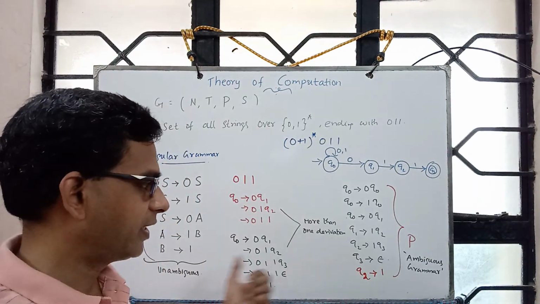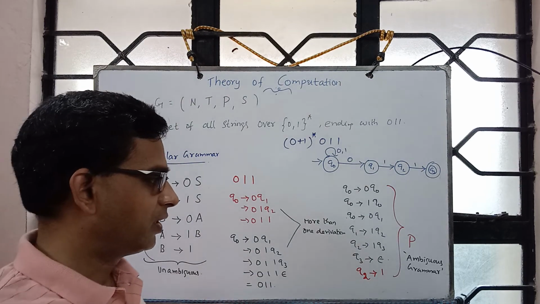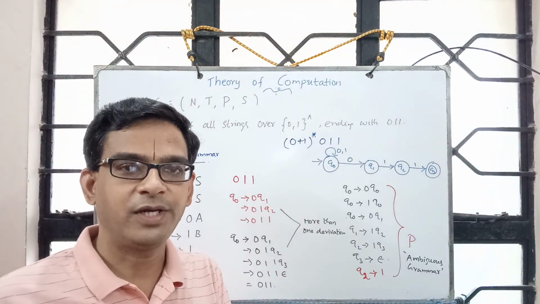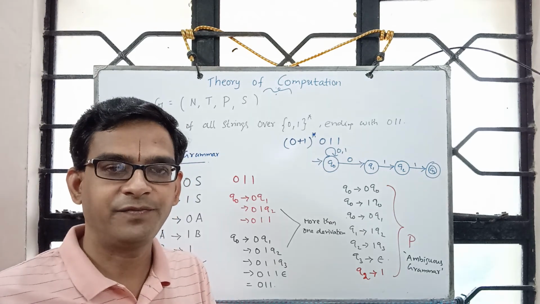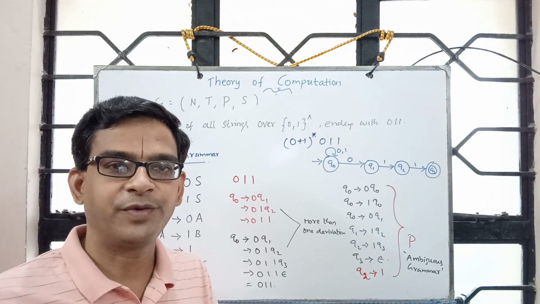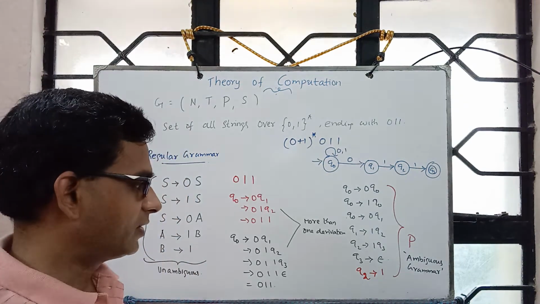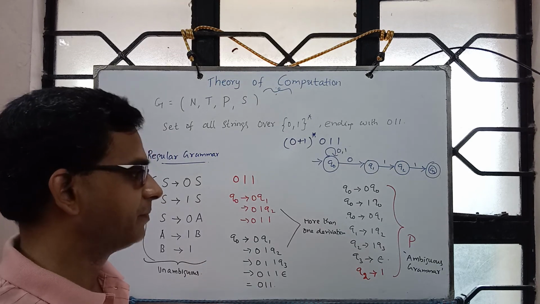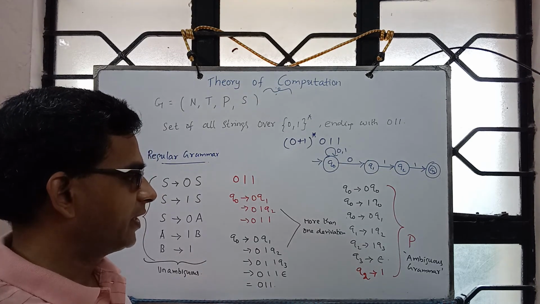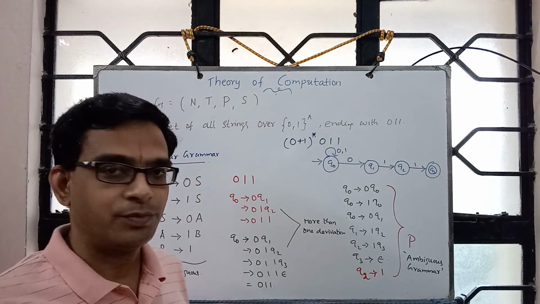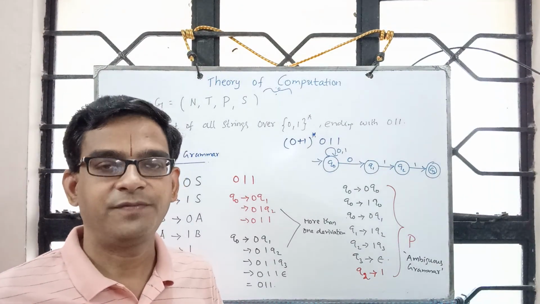There, unambiguity plays a role. We would be interested in designing unambiguous grammars so that there is a unique way of deriving a string, which will help in parsing, and subsequent phases in the compiler can answer certain questions if it follows unambiguity. Okay, more about grammars and their relation to pushdown automata, all that we shall explore now.